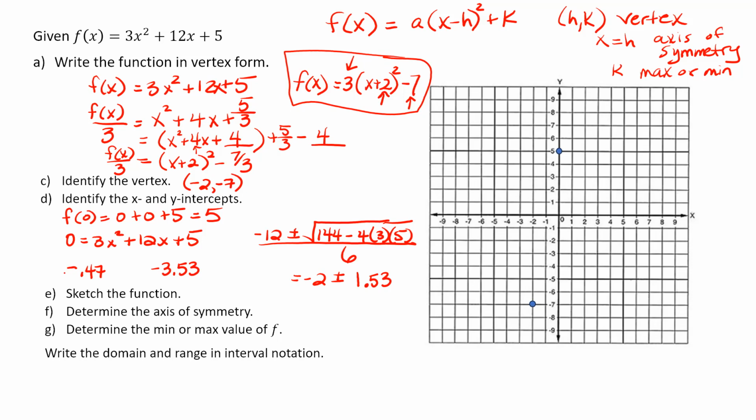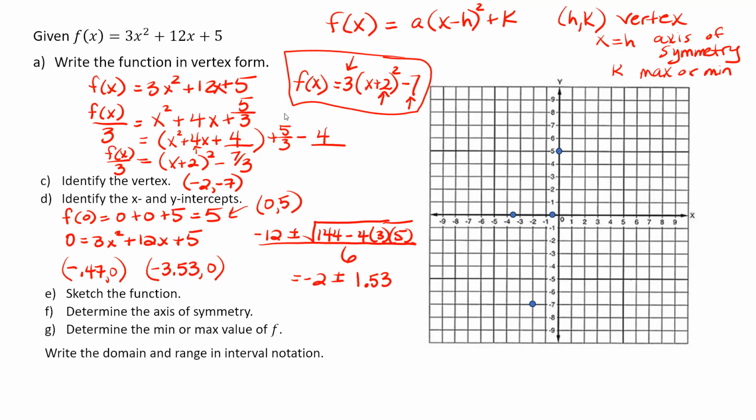So the x-intercepts will be negative 4.70 and negative 3.53. And I should have said before that the y-intercept is going to be (0, 5). So these we'll just kind of estimate where they are.